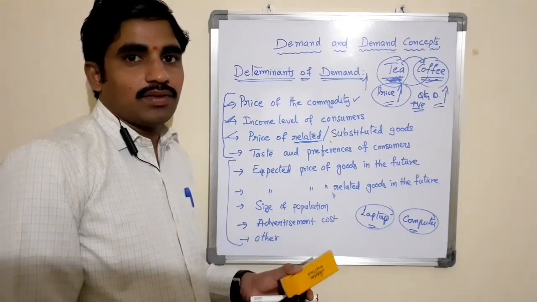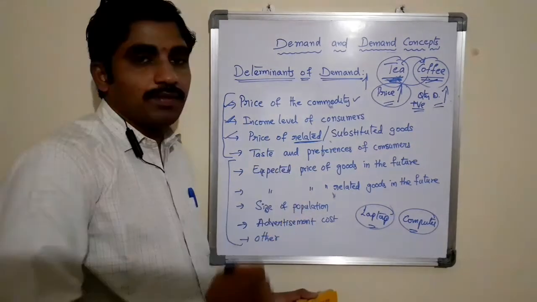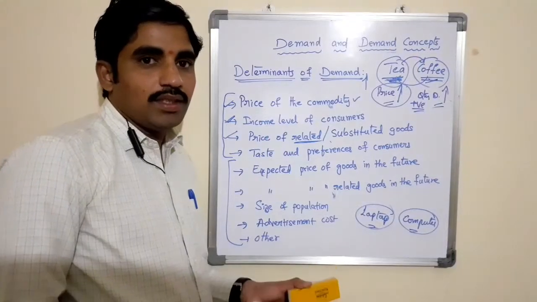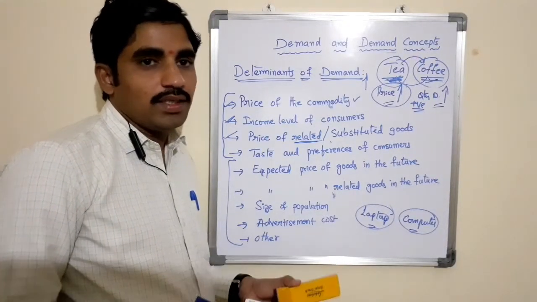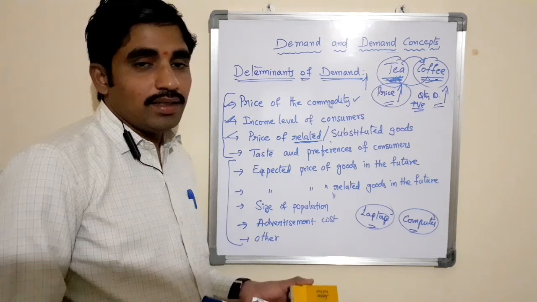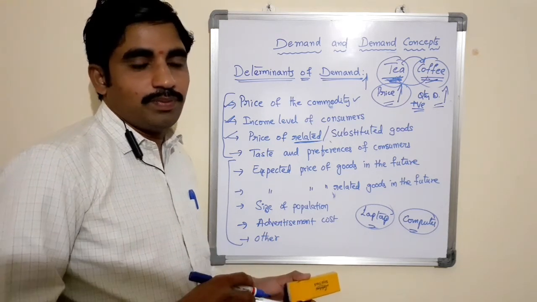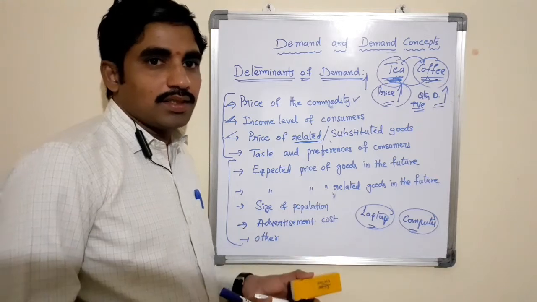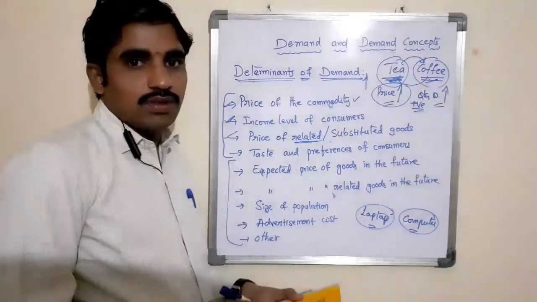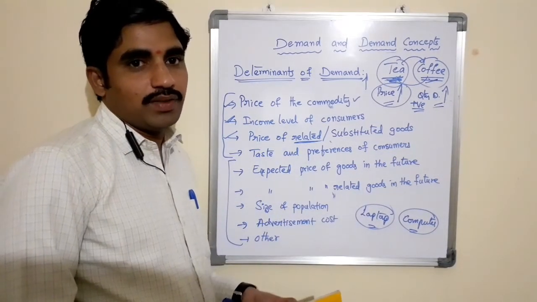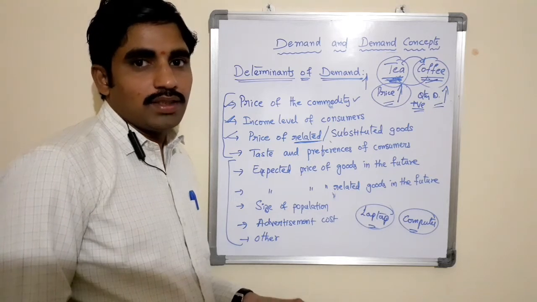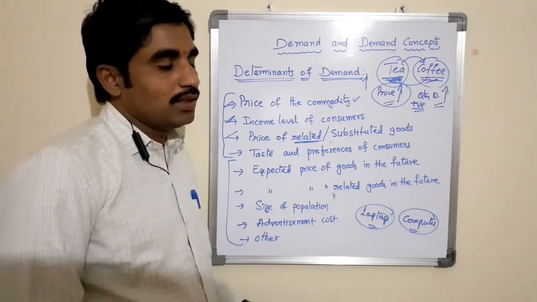But in case of complementary goods, they are those which are jointly demanded, such as pen and ink. If you want to purchase a pen, you also need to purchase ink. In such cases, complementary goods have an opposite relationship between the price of one commodity and the amount demanded for the other.